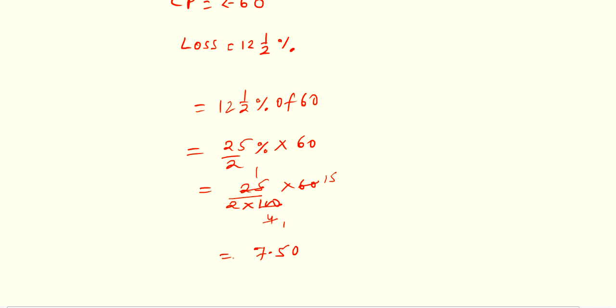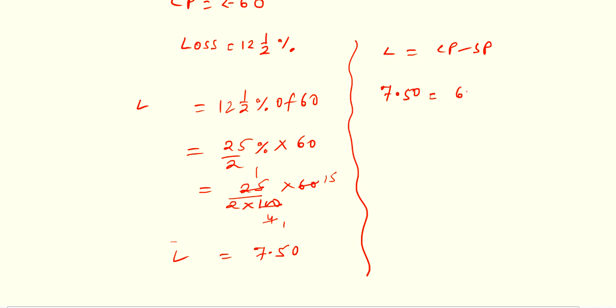Okay. So now SP we have to find. As you know, loss equals CP minus SP. We have calculated loss here. So loss is 7.50 rupees, CP is 60 rupees minus SP.